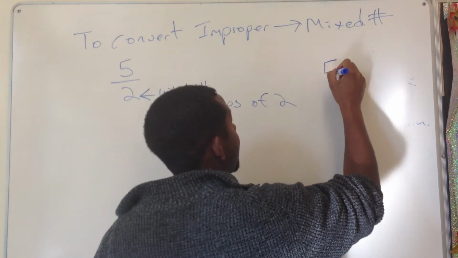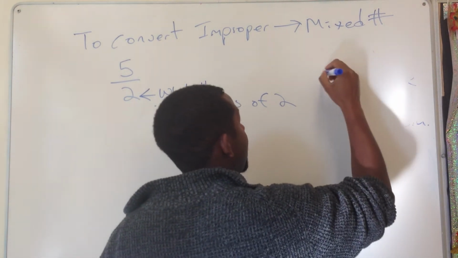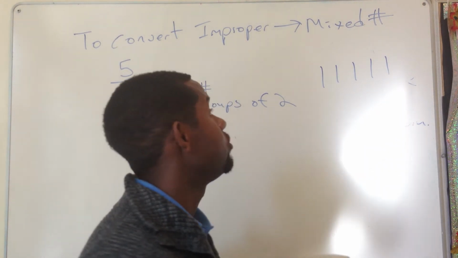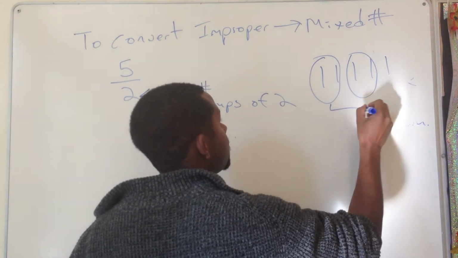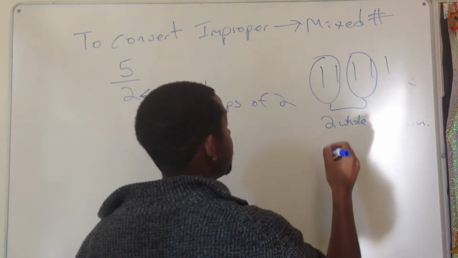So I have 5. I don't want to write it like that. I have 5. 1, 2, 3, 4, 5. Well, how many whole groups of 2 can I take out of that? 1, 2. So 2 whole groups of 2.